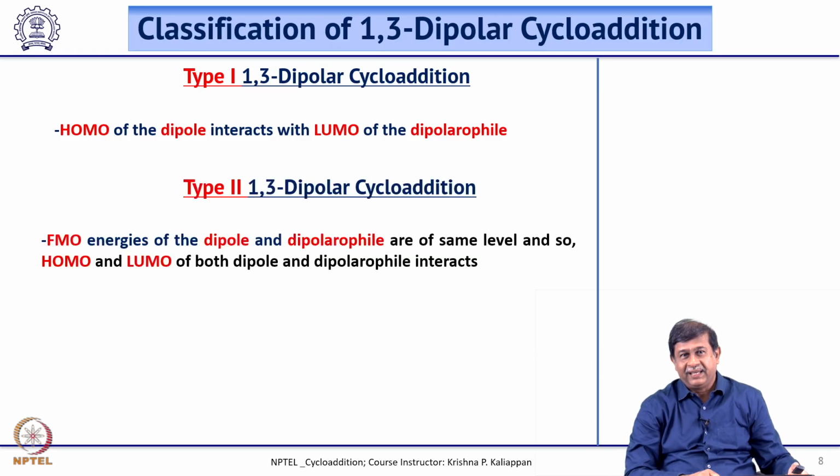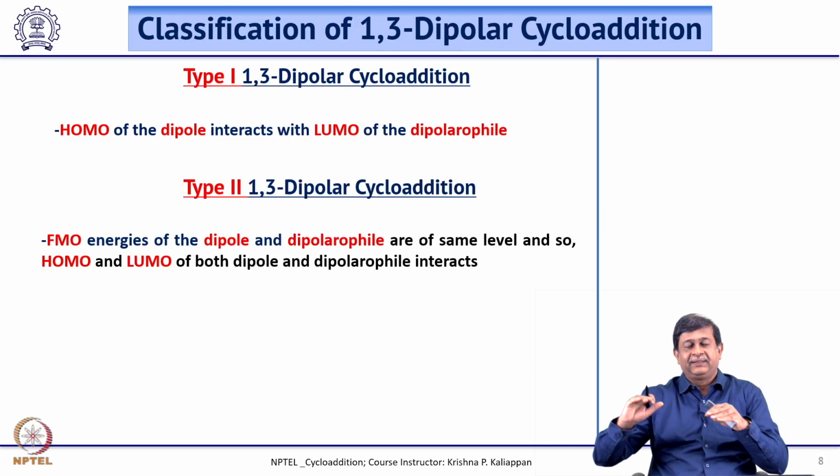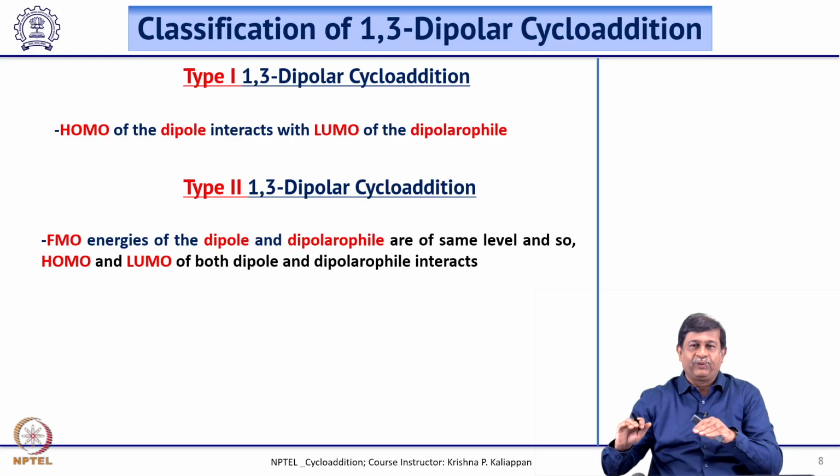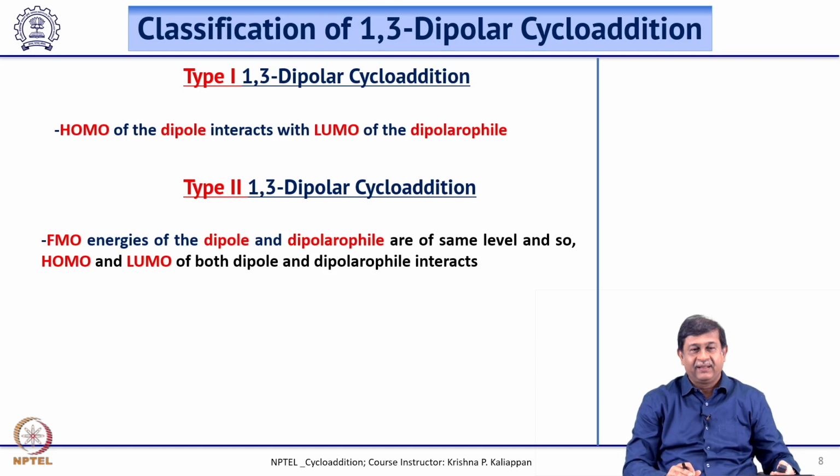In the case of type 2, here the energy level of HOMO of the dipole and the energy level of LUMO of the dipolarophile are at the same level. Okay. So, then both interactions are possible, HOMO of dipole with LUMO of dipolarophile and vice versa.